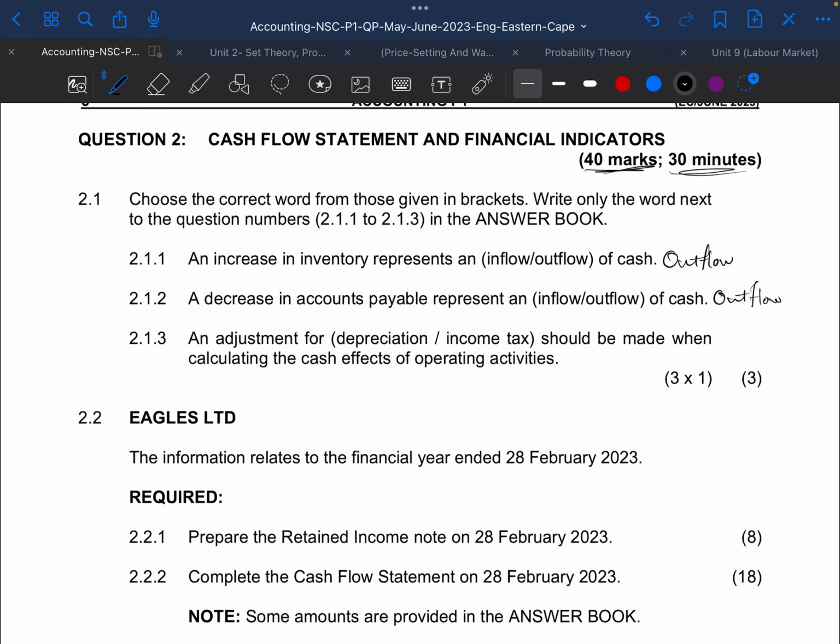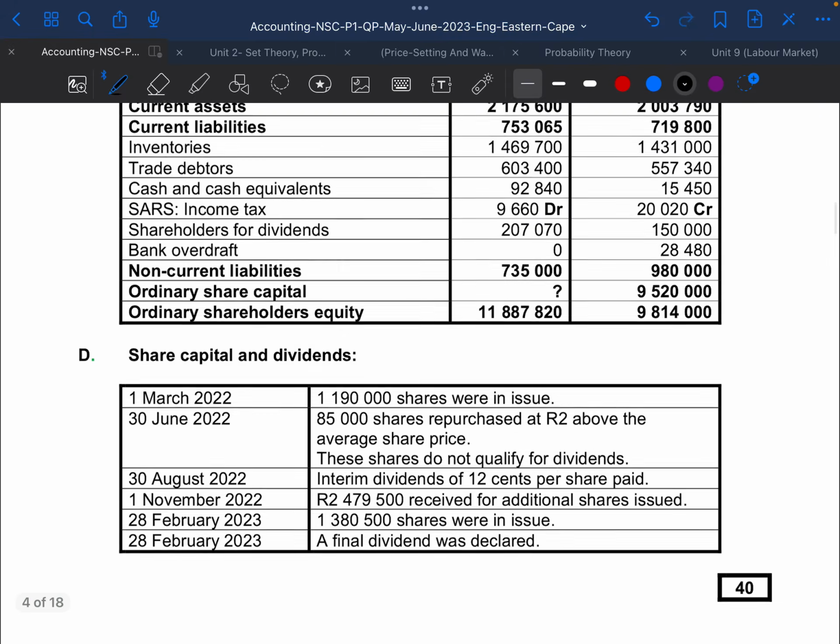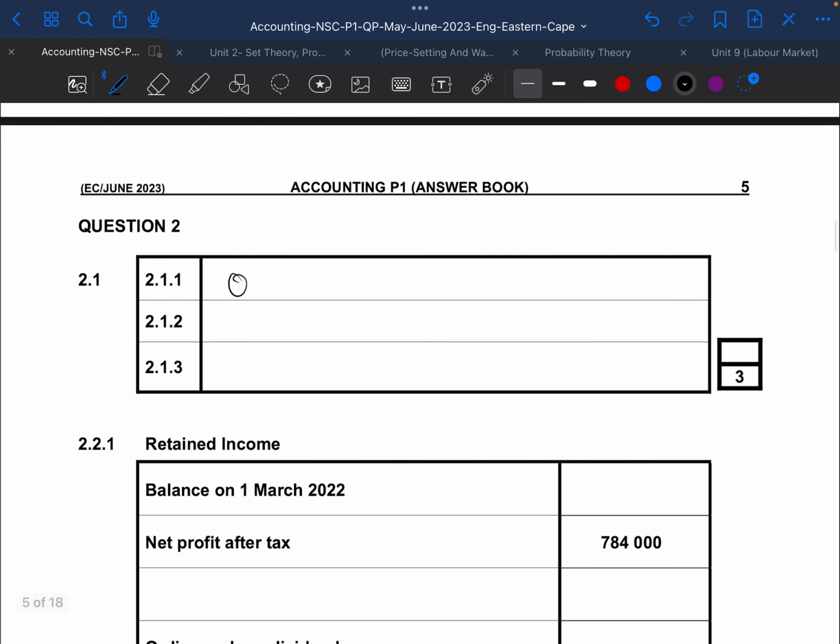That is why we are supposed to adjust for depreciation. So here it is, depreciation. Okay, so let's just quickly populate our answer book. So it's outflow, and then here it is depreciation.